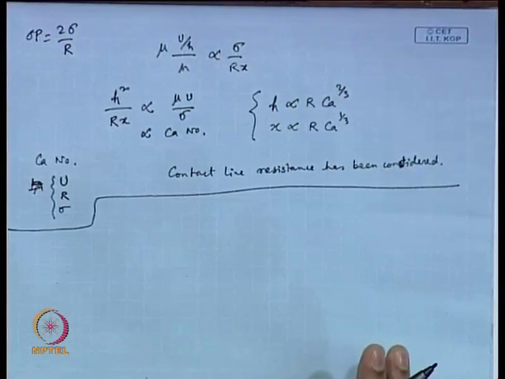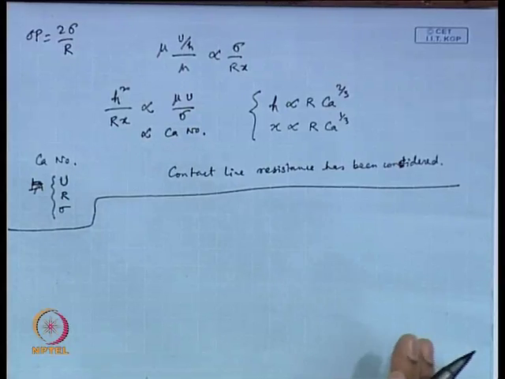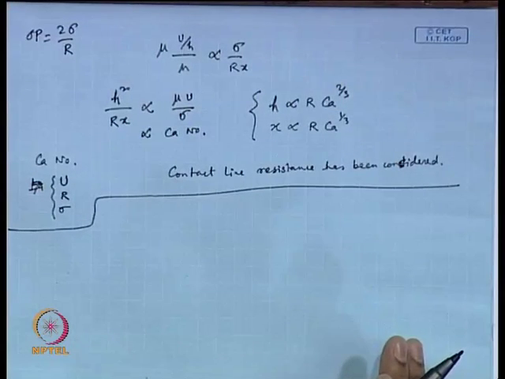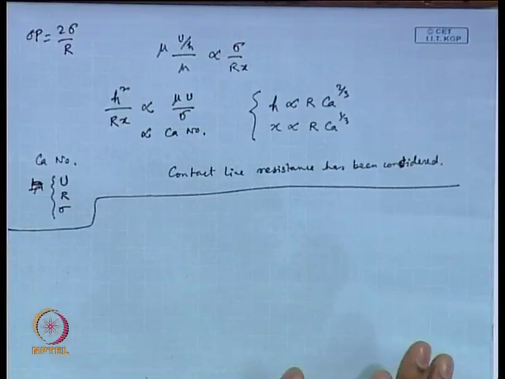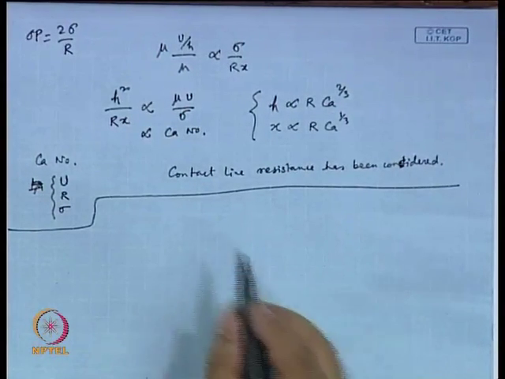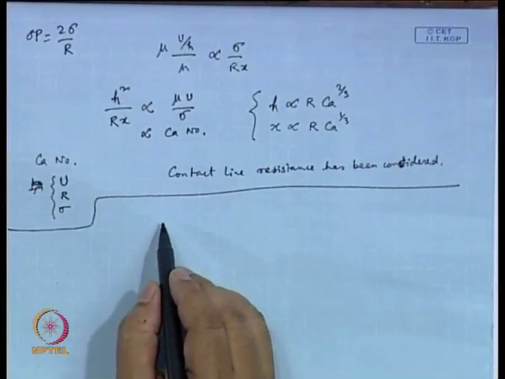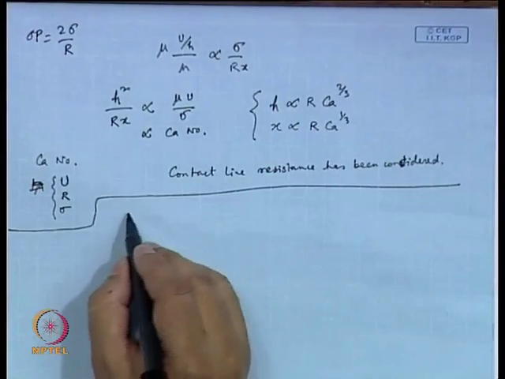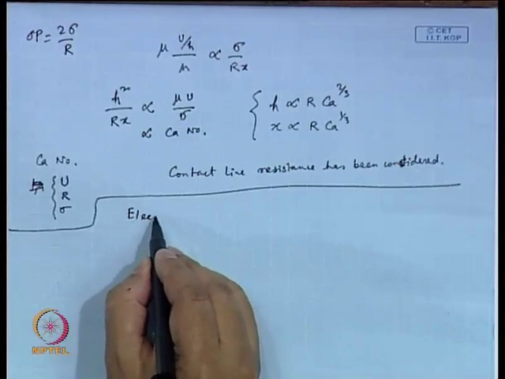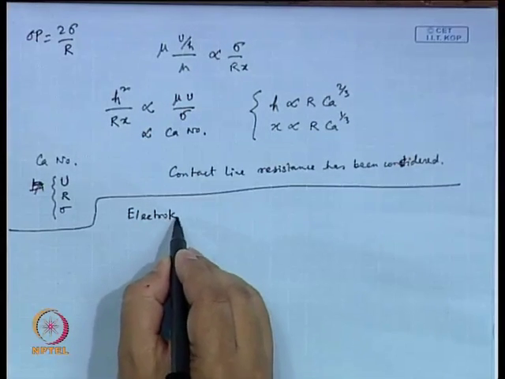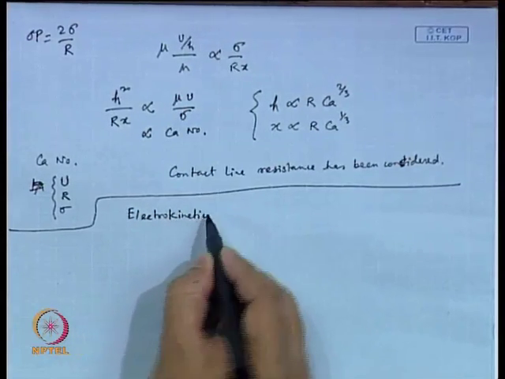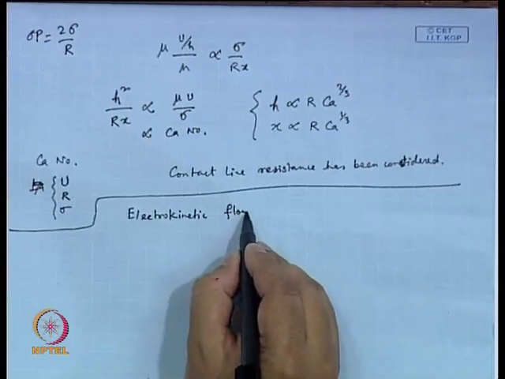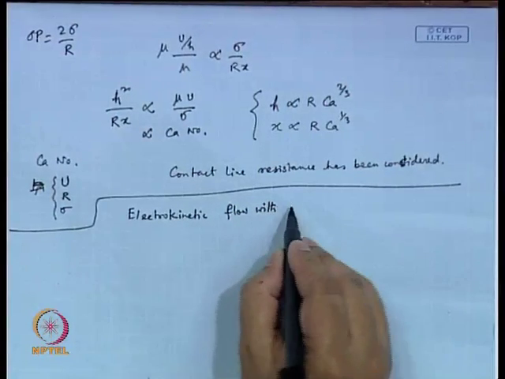That means, if you want to have an electroosmotic flow of these two immiscible phases through this microchannel, then there are some points that you need to consider here. So, let us write this here. What we are going to discuss is electrokinetic flow with bubbles.